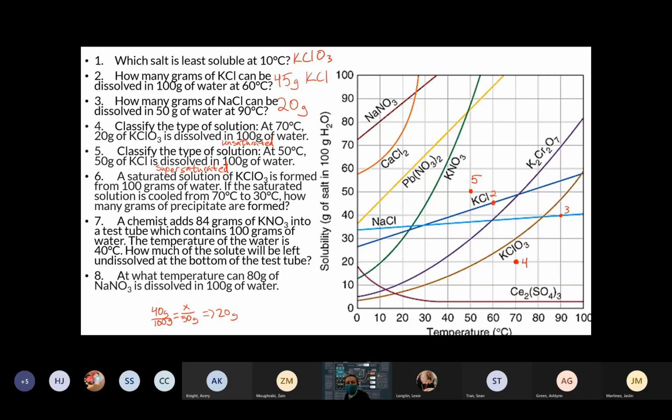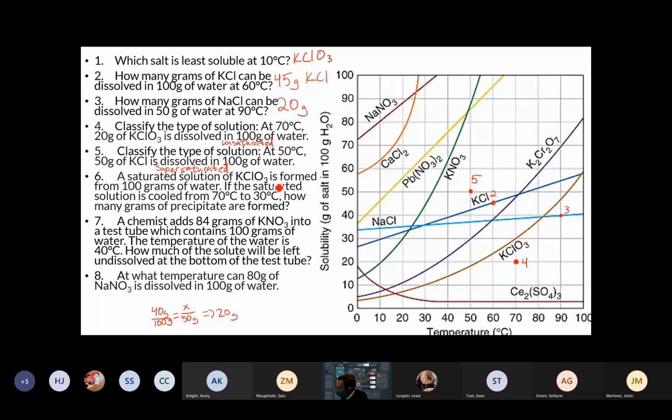How much precipitate comes out? Gosh, it is loading very slowly. Well, initially, if it was saturated, there would have been 30 grams of salt. And then at the end, at 30 degrees, there's only 10 grams of salt.